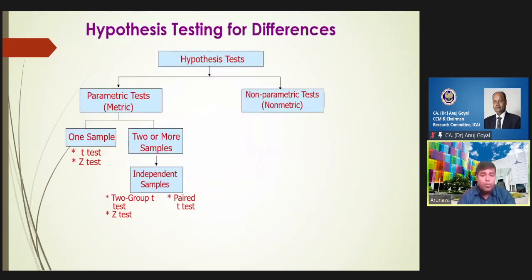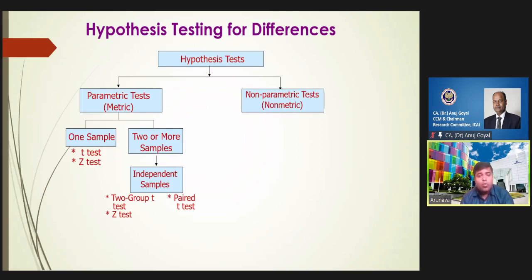And there are different hypothesis tests. Some of the parametric tests are, if there is only one sample, right? Then we can have only a t test or z test, and then we are trying to find out whether this mean is equivalent to the population or not, whether this single standard deviation is the same as the population or not.